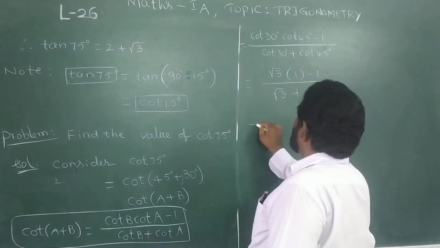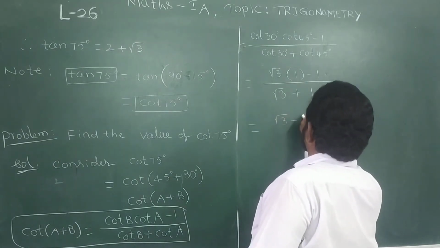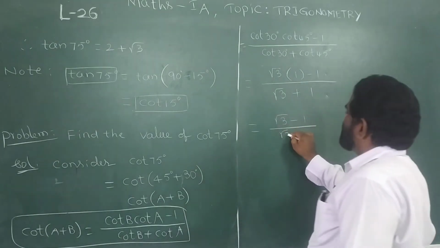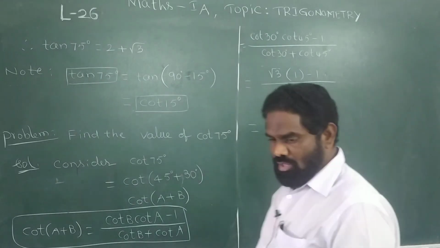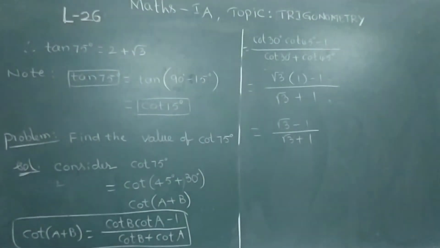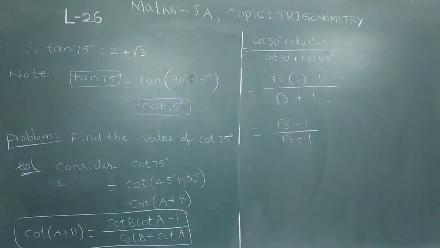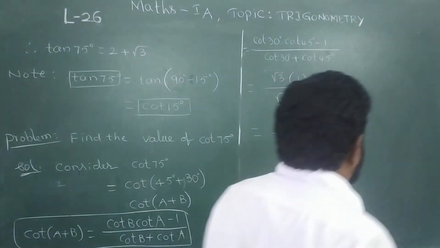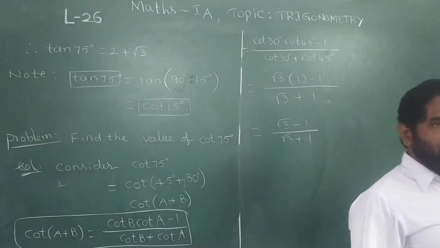So what will come here? Root 3 minus 1 by root 3 plus 1. In the denominator root is there, that's why we are going to rationalize the denominator.